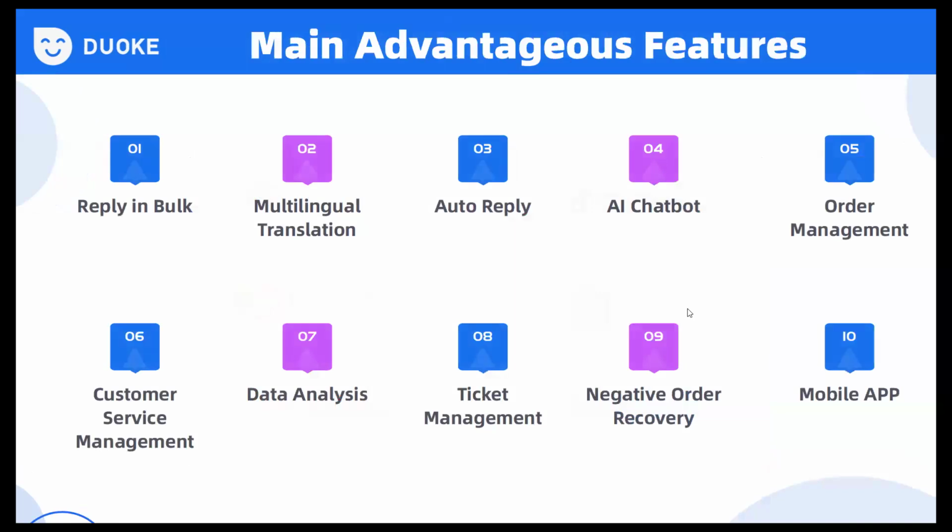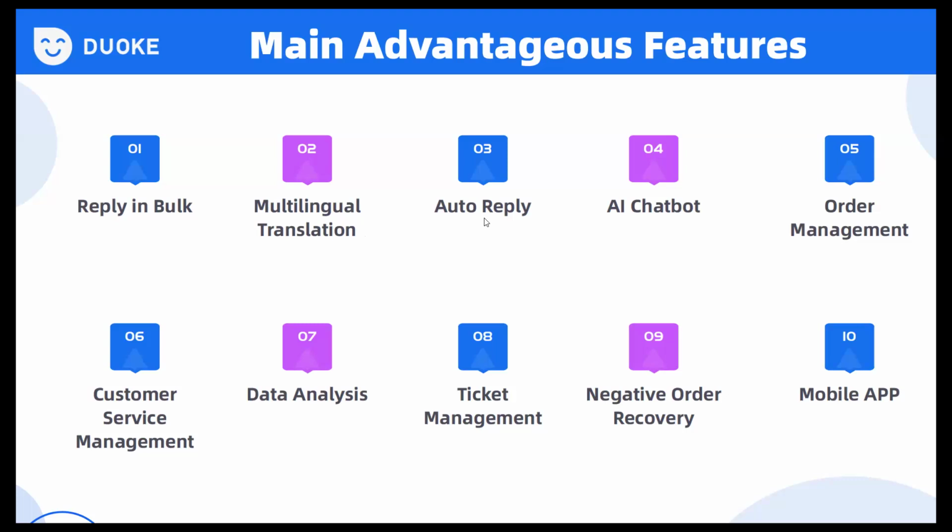Here are the main functions of Duoke. The first one, and also the most important one, is that we can reply in bulk. It means that we can authorize all our stores in Duoke and reply to messages from the buyers. The second one is multilingual translation.